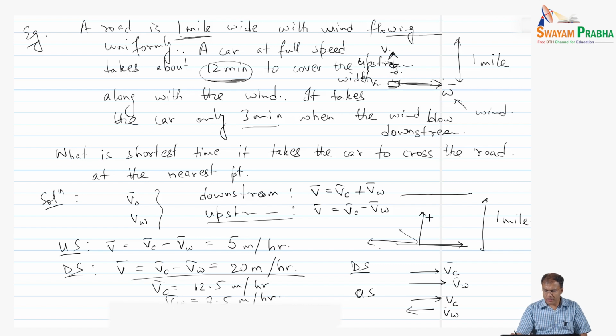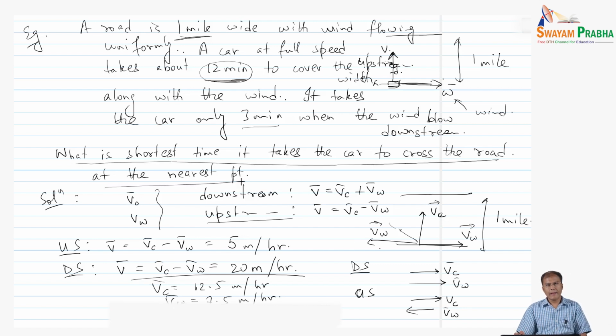So the car is trying to cross the road, and the wind is blowing either downstream or upstream. Either way the car is going to shift its direction because of the wind. Now the question is, what is the shortest time it takes for the car to cross the road? Typically the shortest path is the one perpendicular to the starting point.